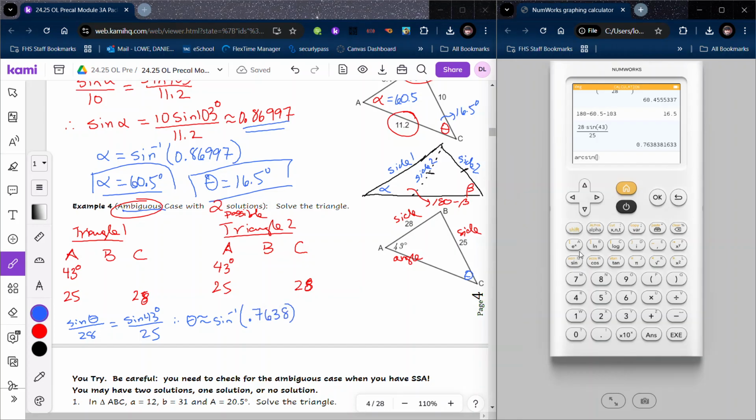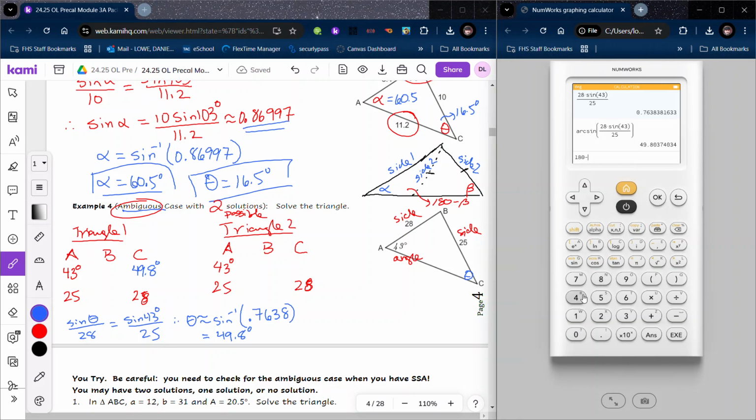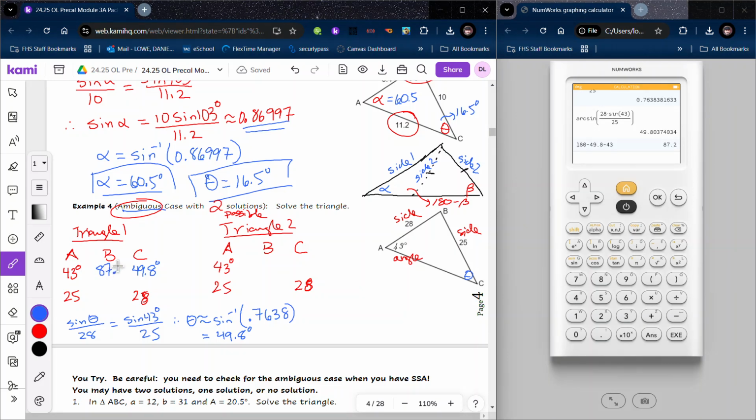And if I do the arc sine of that value, I get 49.8 degrees. So I have 49.8 degrees as my possibility. Okay, 180 minus 49.8 minus 43 gives me 87.2.